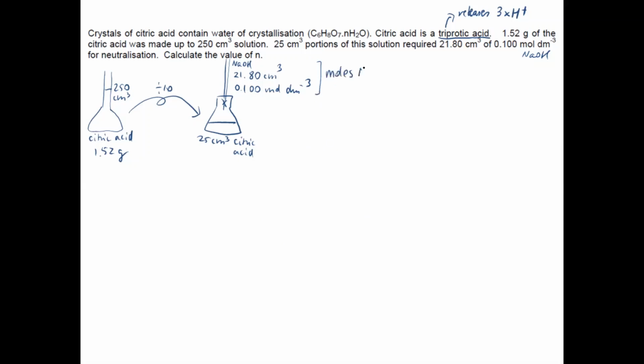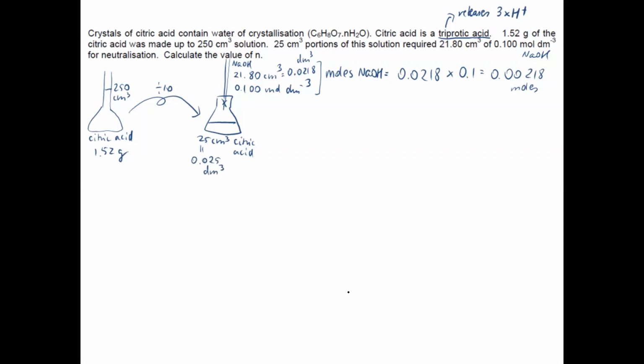Moles of NaOH will be concentration times volume. 21.8 centimeter cubed is 0.0218 decimeter cubed, so 0.0218 times 0.1 gives me 0.00218 moles of NaOH.